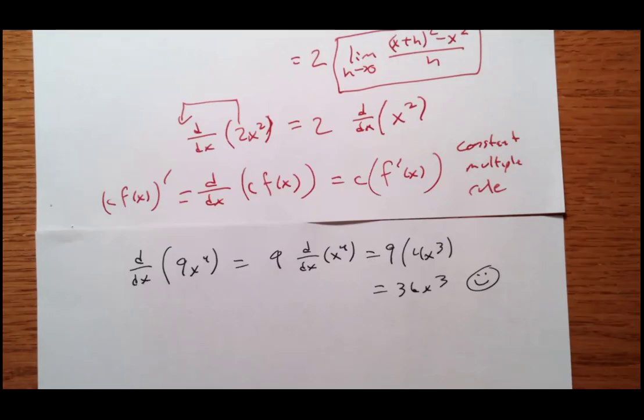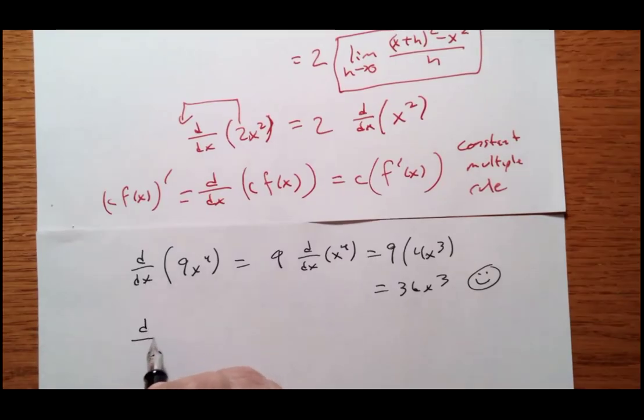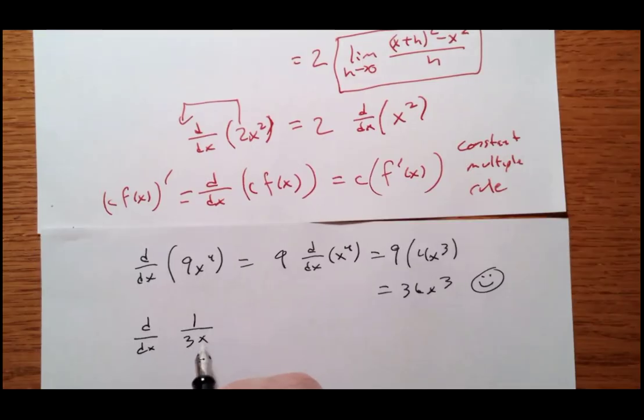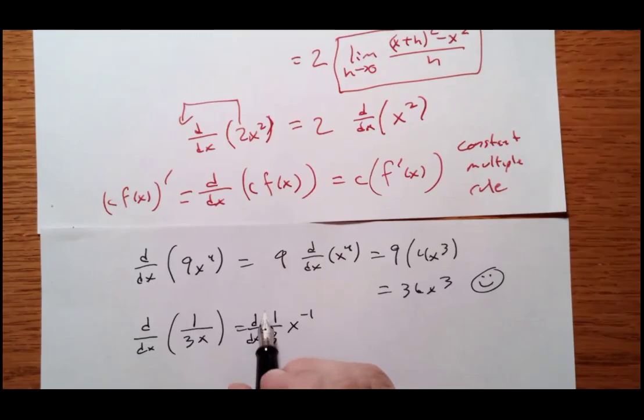Here's one that's a little sneaky. What is the derivative of 1 over 3x? Wait a minute, the x is in the bottom. The x is in the bottom, it should come up with a -1. But only the x moves. Derivative of, forgot to write that.